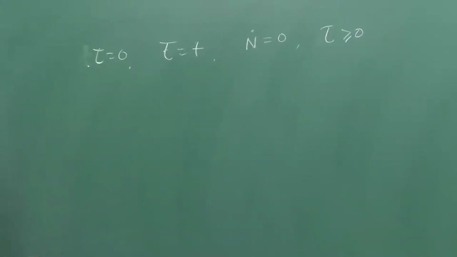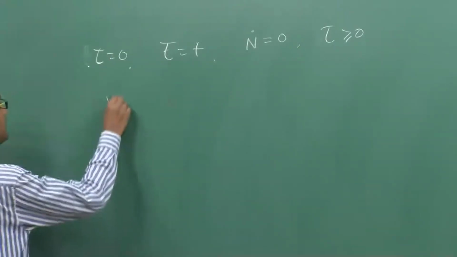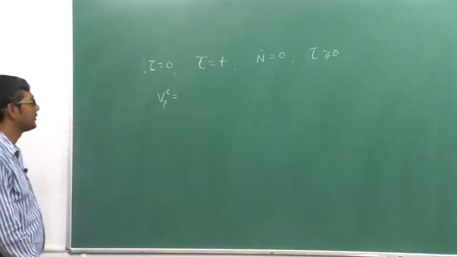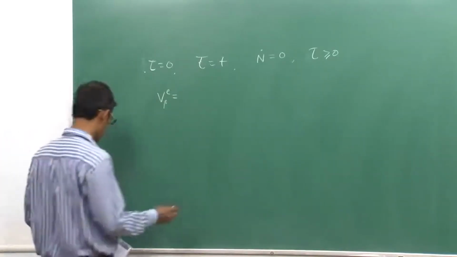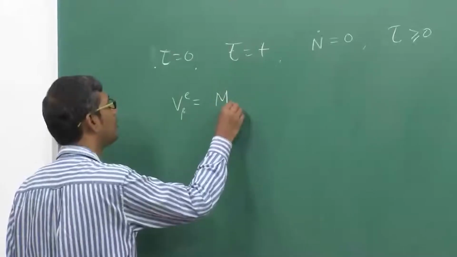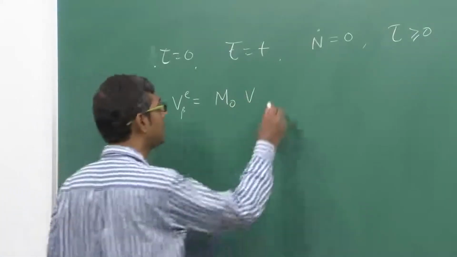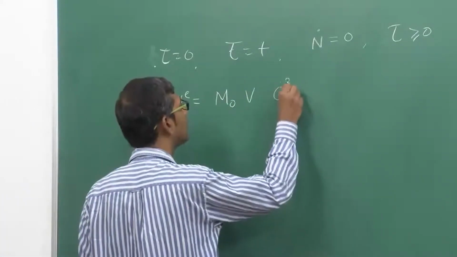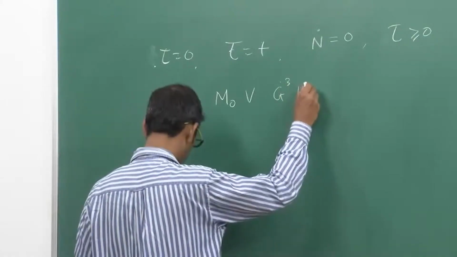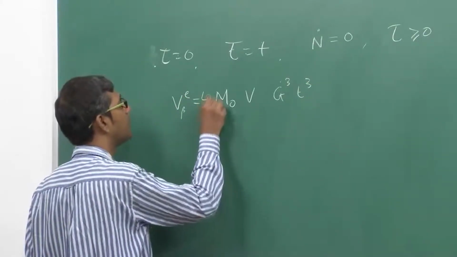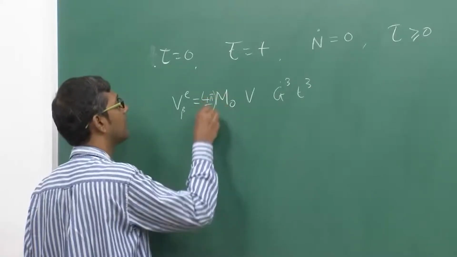In such a situation, the volume transformed of the new phase beta, which I discussed in the last class also, is equal to N0, which is a constant, multiplied by the volume V, then G dot to the power q, t to the power q, multiplied by 4 pi by 3, a constant term.